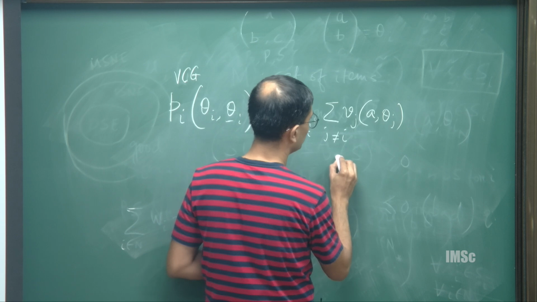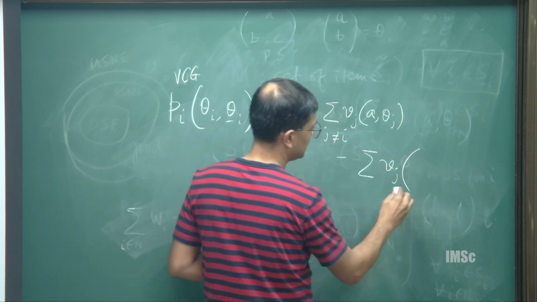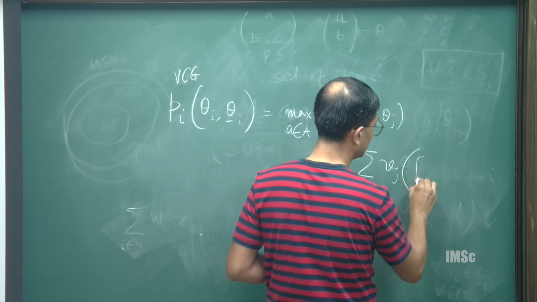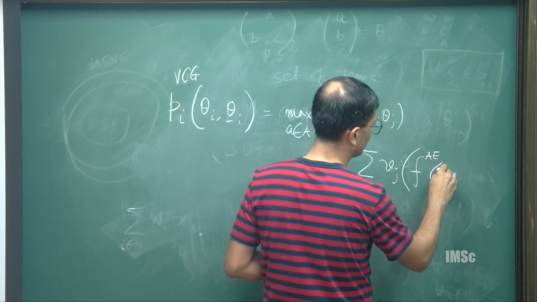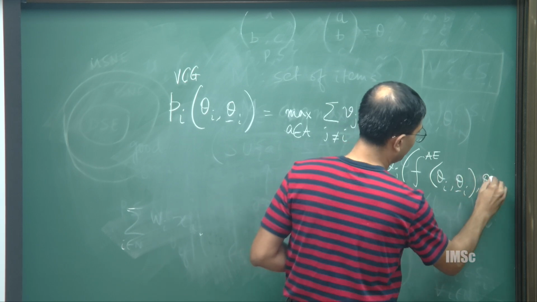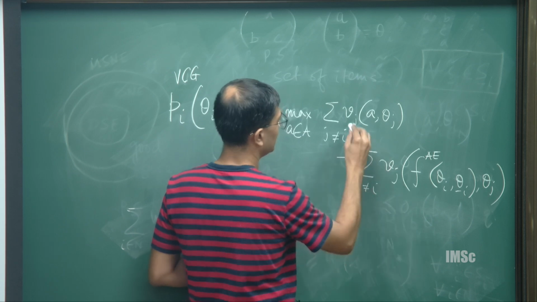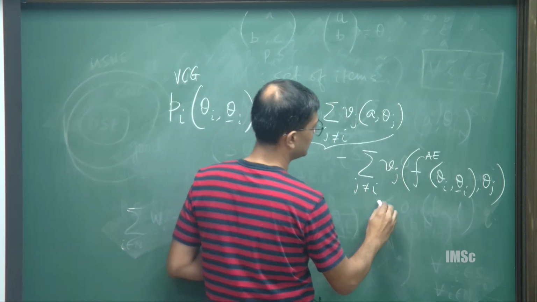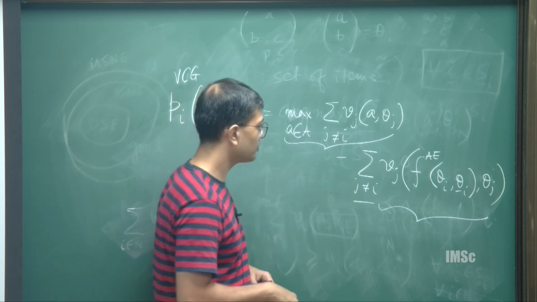And I also have the other term where I am looking at the sum of the valuations of all the other agents, but now it is allocatively efficient, and we have already calculated this allocatively efficient outcome in the previous step, right. So this is excluding agent i and this is including agent i, but summed over all the agents except i, right.